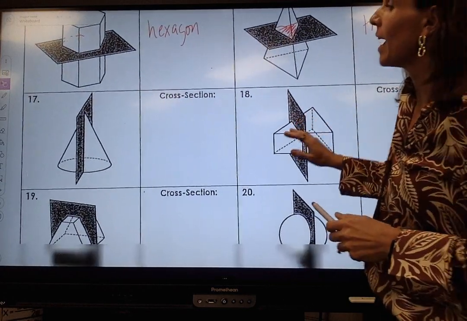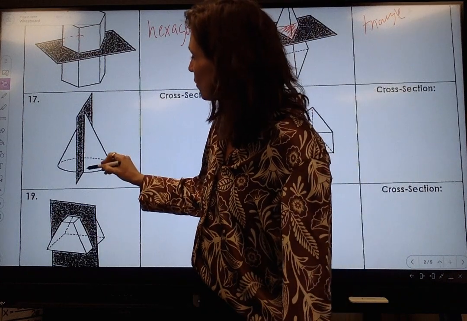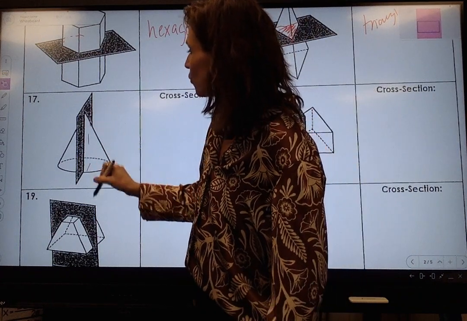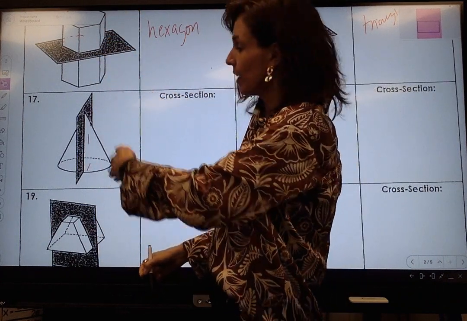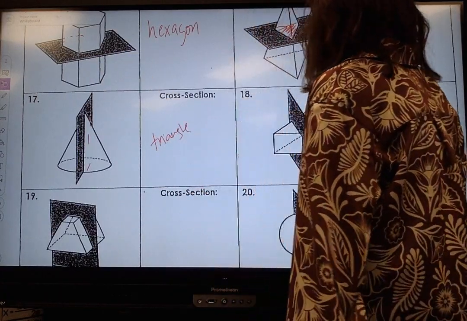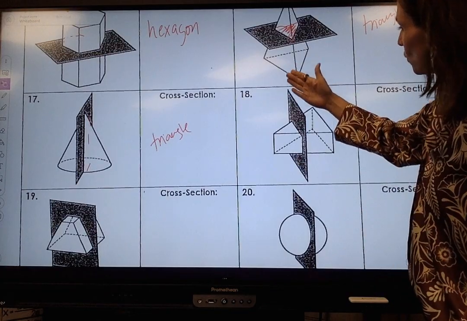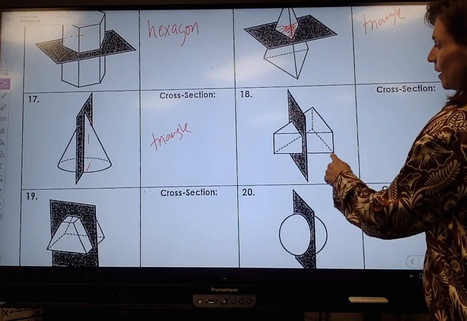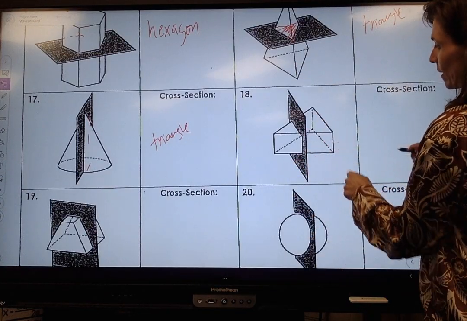Let's look at 17. Now, look at this cross section. So this cross section is going to be a triangle. If you split a cone in half this way, the cross section is a triangle. And if you split a cross section this way, it's going to be a rectangle.